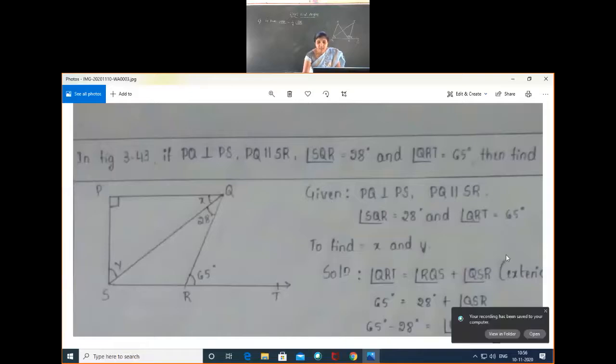Mataji, your voice is cutting. Is that the same thing happening for everyone? Is it audible, students? Clearly audible? Yes, Mataji, not audible. Hello.